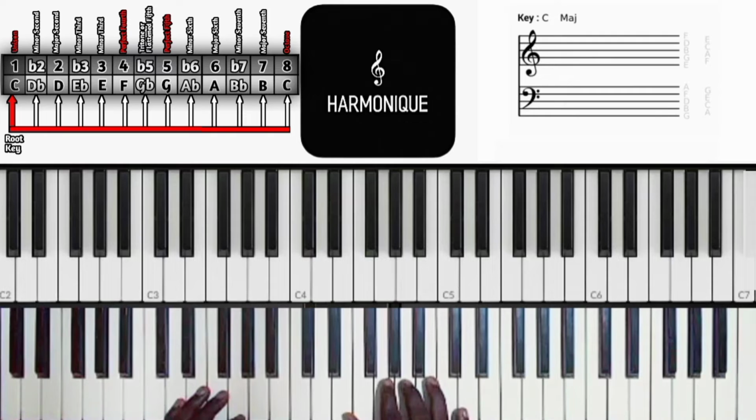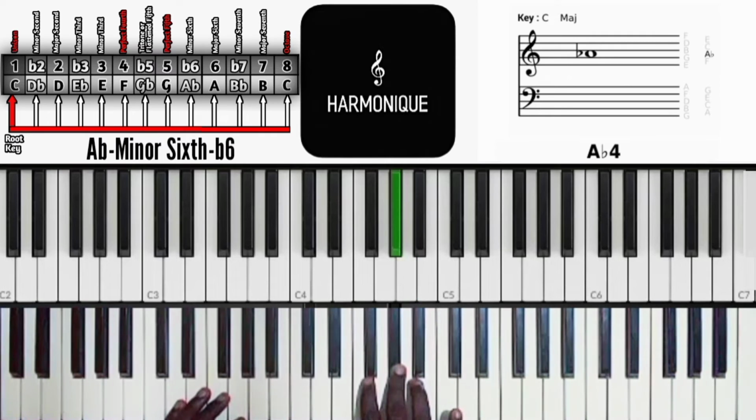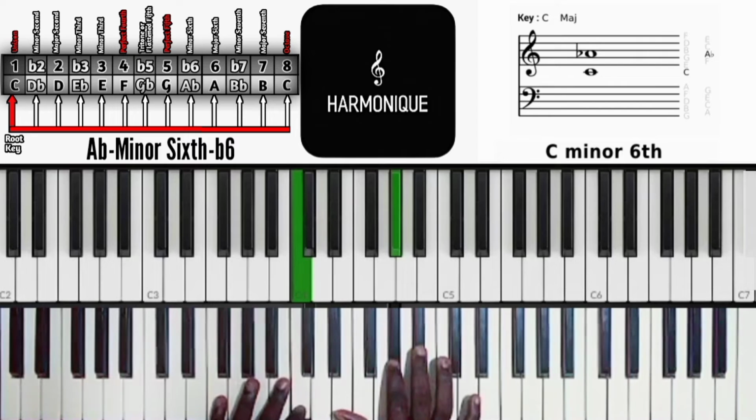Still moving up, since A flat is simply a flattened A, which is the 6th degree of the C diatonic scale, we will then say that while A is at an interval of a major sixth from C, A flat is at an interval of a minor sixth from C, and it is numerically represented as flat 6.